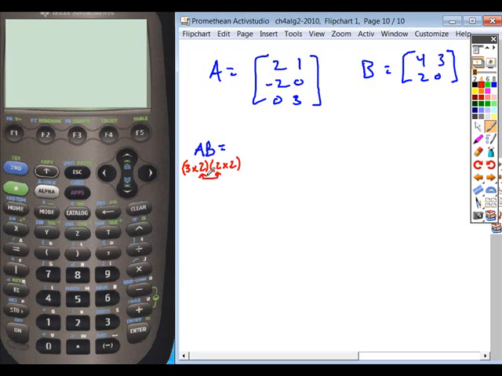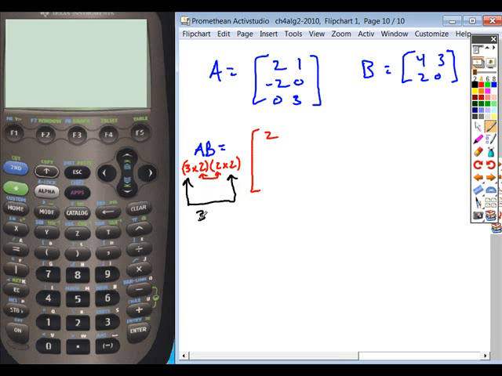Yes. Once you figure out that you can multiply them, here's the way that you set this up. Anytime you multiply matrices, your answer is going to be these outside dimensions.